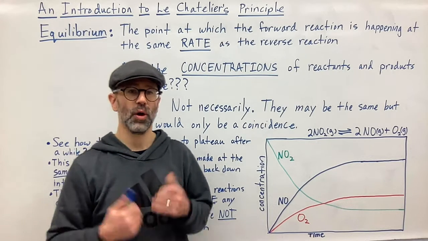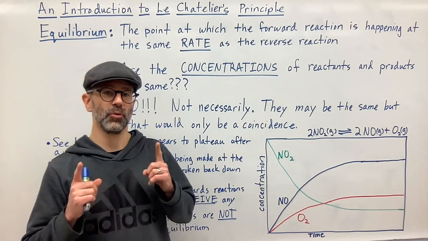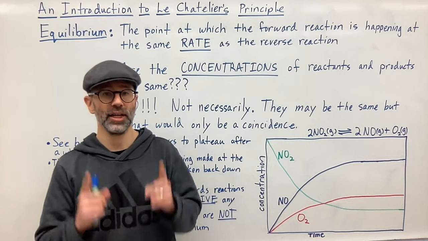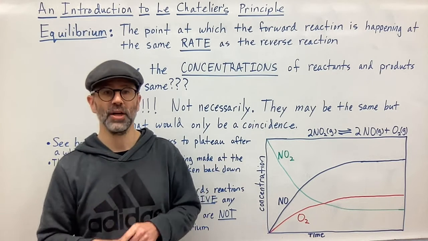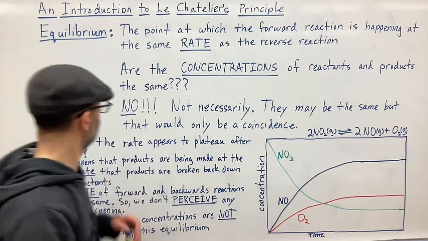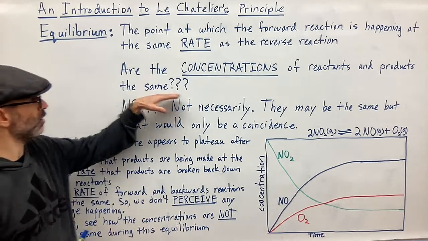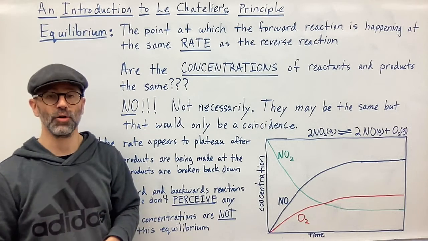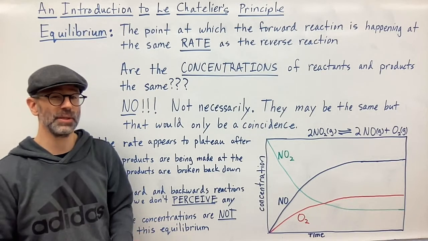And so what we need to understand is it's the rates of the reverse reaction and the forward reaction that are equal at equilibrium, but the concentrations are not going to be equal. So the question is, are the concentrations of reactants and products the same? No, they're not going to be the same necessarily. They could be the same.